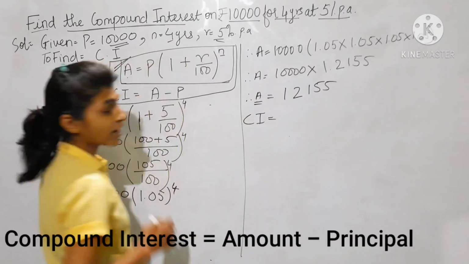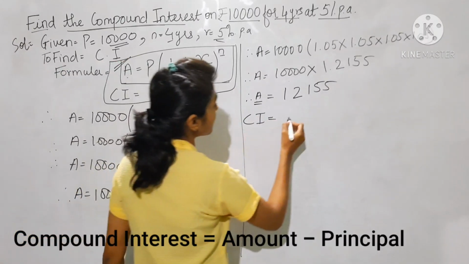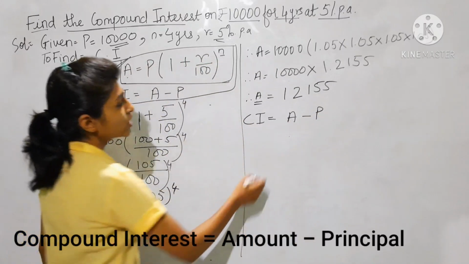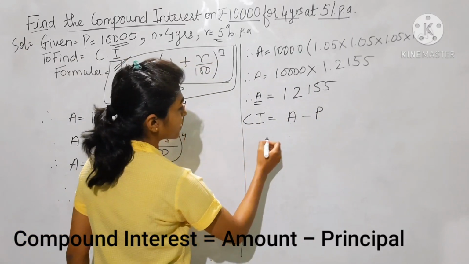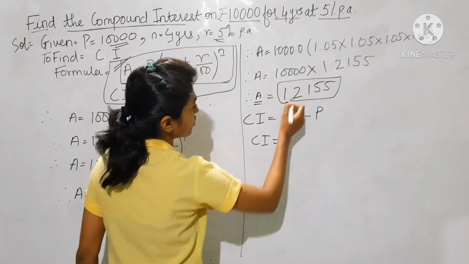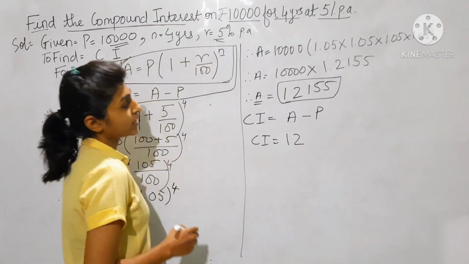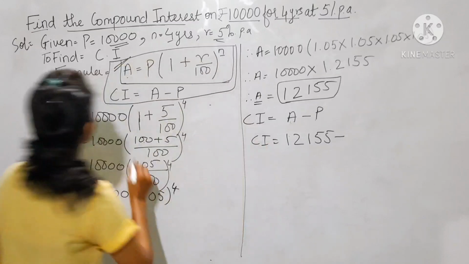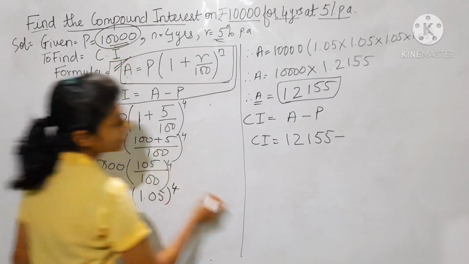Now you have got the amount, you have to find compound interest. So write the formula of compound interest. Compound interest is equal to A minus P. Okay, so A is how much? We have got A is 12,155, minus P is how much? P is 10,000.